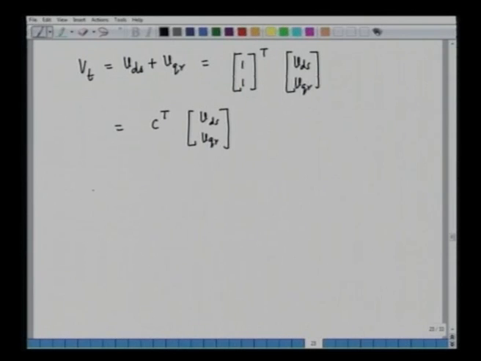So, I can say here that V actual is equal to C transpose into V primitive. This is my V primitive, and Vt is my V actual.